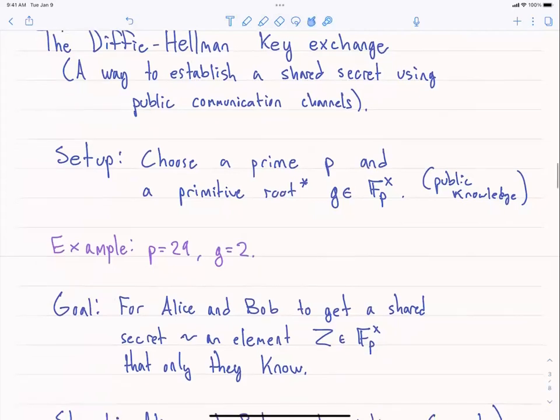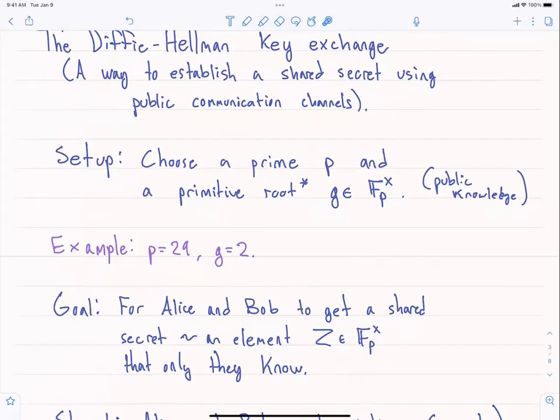So Alice and Bob want to get a shared secret. We're going to call that secret Z, and their secret will be an element of F_p cross, so a number between 0 and 28. Once they have that shared secret, they can use that number as their shift for a shift cipher. So once you have a shared secret, then you can encode any information.